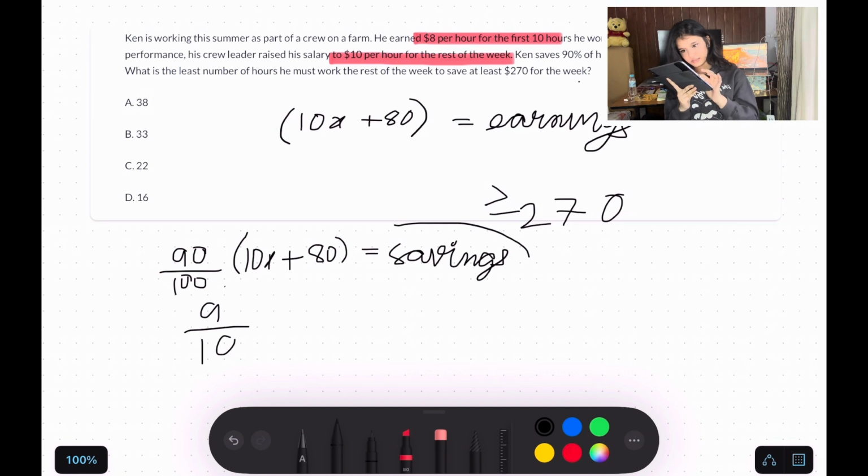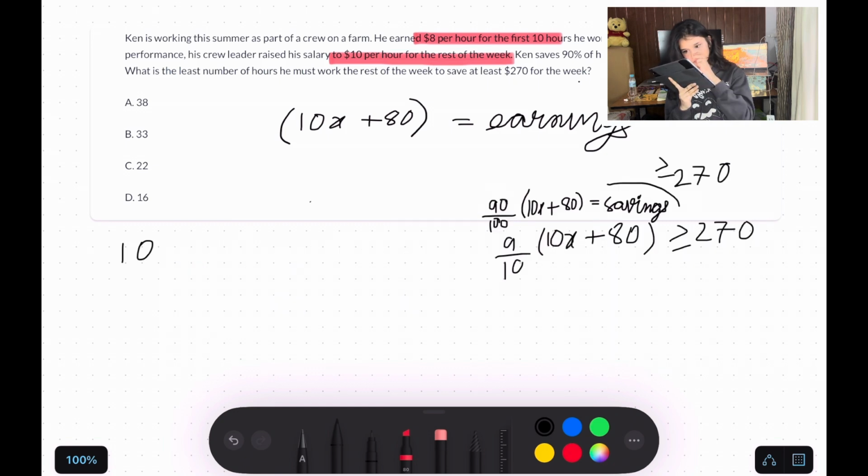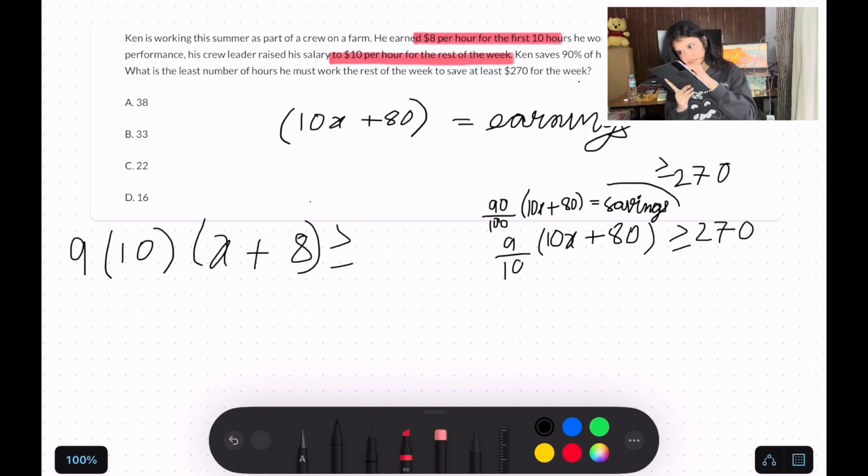So 9 by 10, since I cancelled the zeros, of 10x plus 80 is greater than or equal to 270, and then we'll take 10 common, and the 9 was already there, we get x plus 8 greater than or equal to 2700, since I took the 10 to the other side.